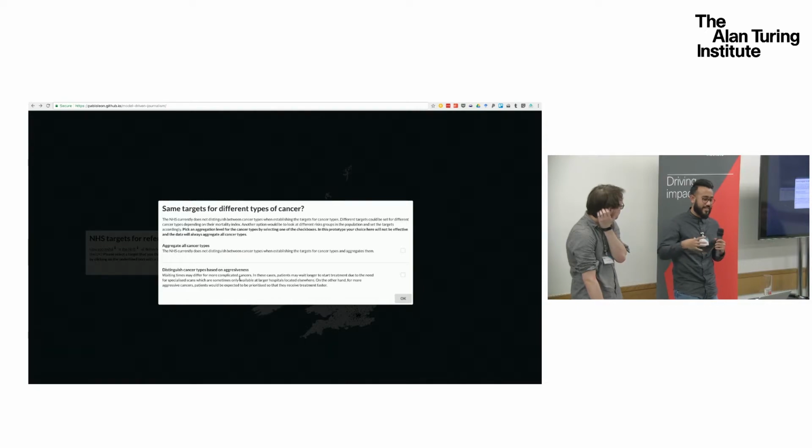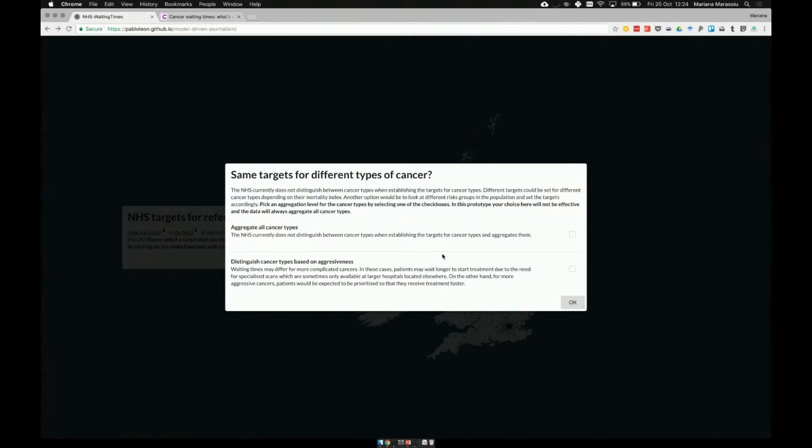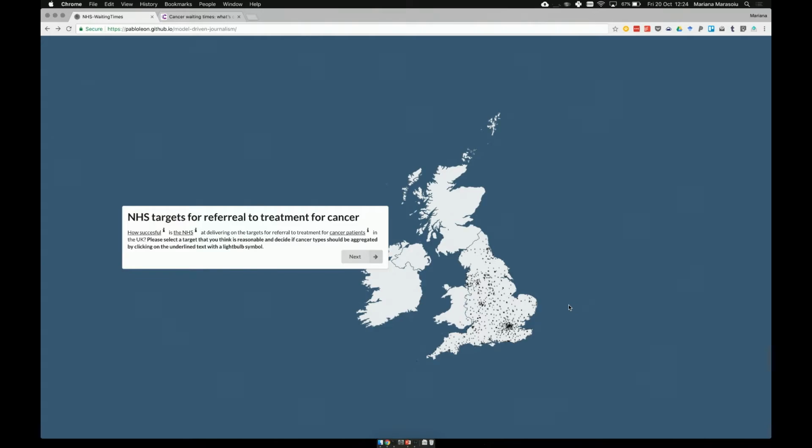It's not as simple as aggregating everything together, because then that loses some of the data and information around what may be causing the NHS Trust's inability to achieve the wait time targets. So we'll just go basic and aggregate all the cancer types.